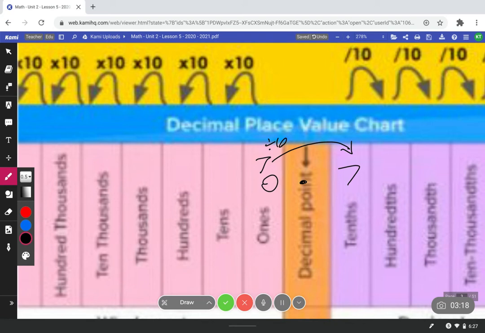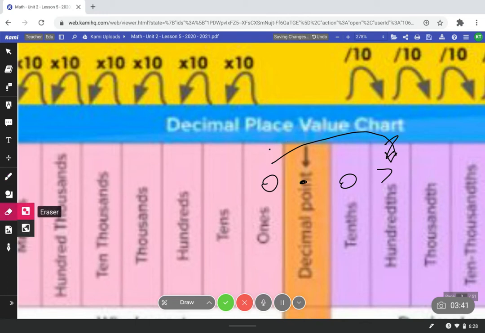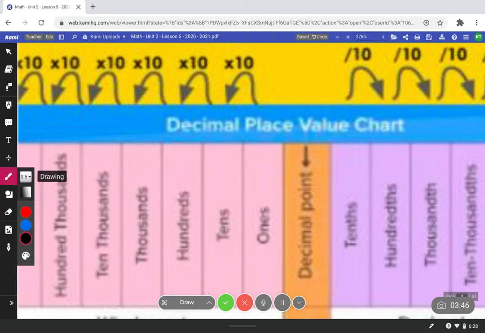Now we have 7/10. Well, if instead I divided by 100, I would end up with 7 hundredths. But look at this, I want y'all to notice this. Let me back up a bit. Let's say my number is 7/10 and I divide it by 10.